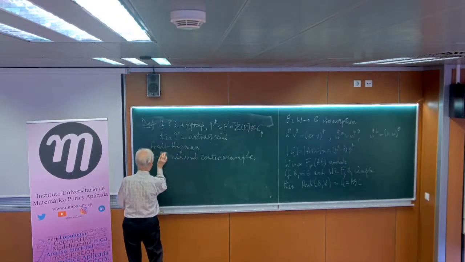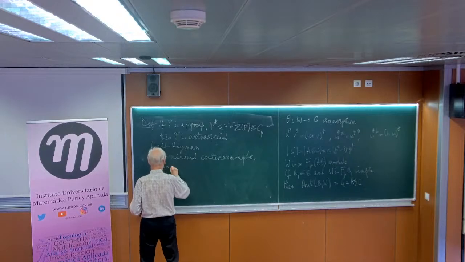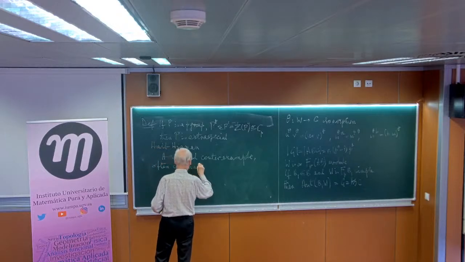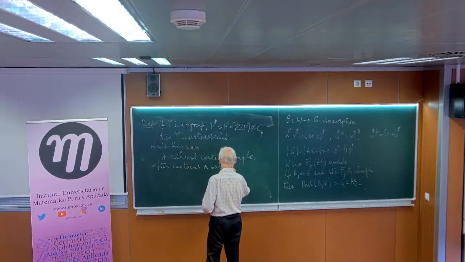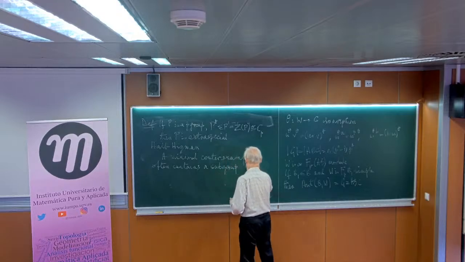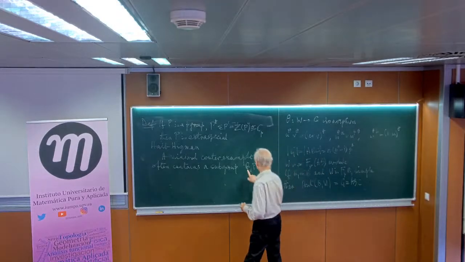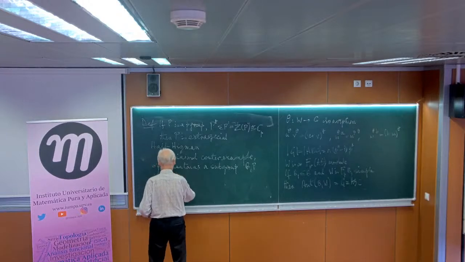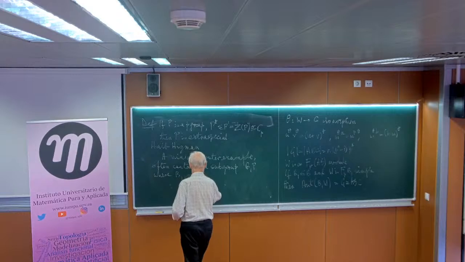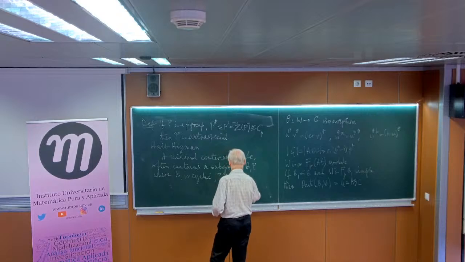A minimal counterexample often, in fact nearly always, contains a subgroup like kind of B1P, where B1 is like the B1 I had a minute ago, where B1 is cyclic and P is extra special.